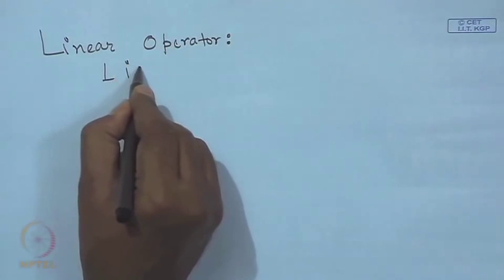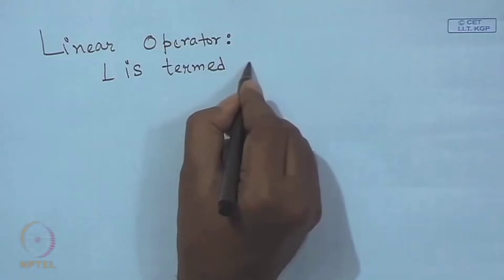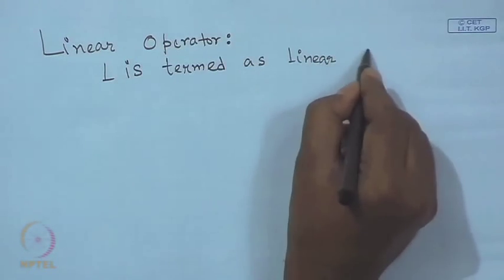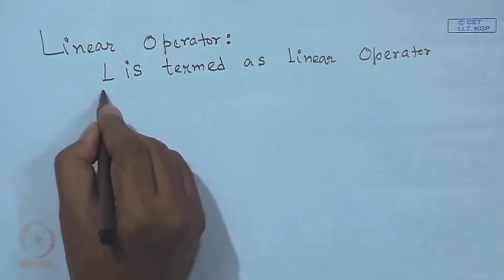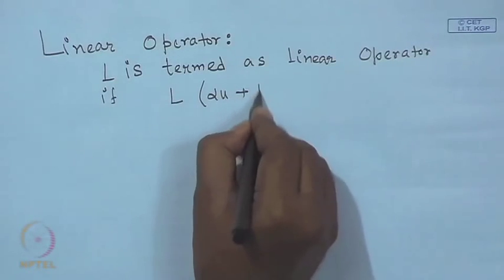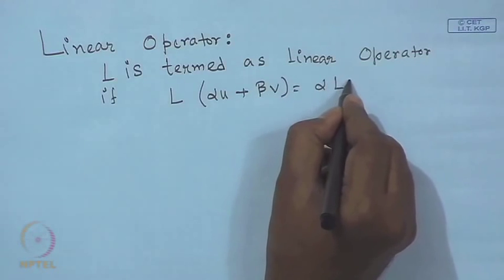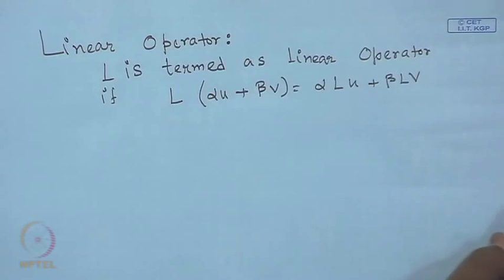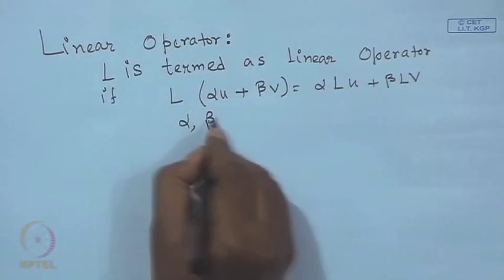L is termed as a linear operator if L of alpha u plus beta v is equal to alpha L u plus beta L v, then this operator L is called a linear operator, where alpha and beta are scalars.